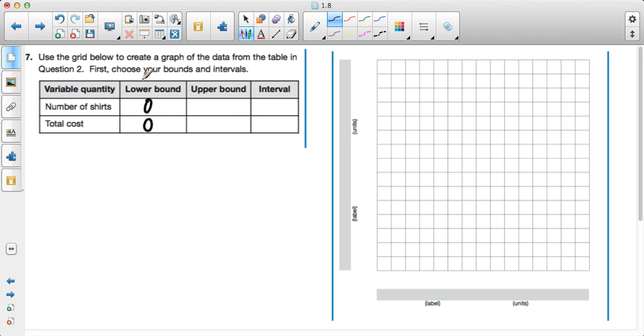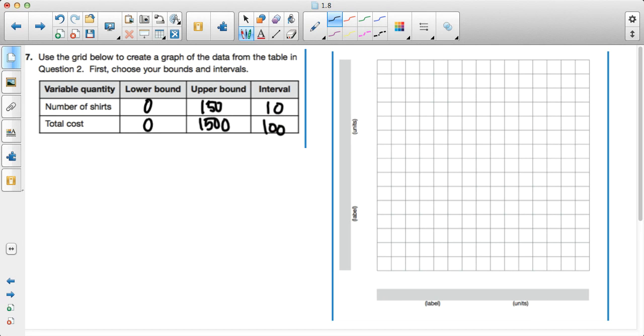And then for the upper bound, looking at our data, we need to go up to about 150. We have 15 lines, so it sounds good if we start at 150 and do an interval of 10, and then 1500 and do an interval of 100.